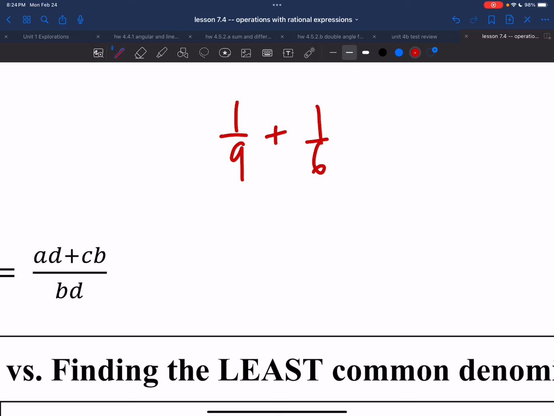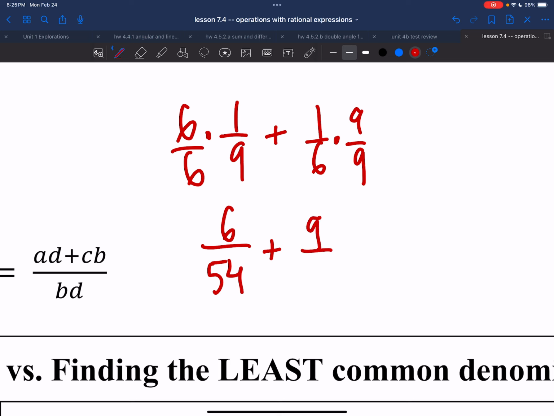If I wanted to repeat the process I just did with the half and the third, a way to get a common denominator is to just multiply by the other one. Take 1/9, multiply it by 6 over 6, and 1/6, multiply it by 9 over 9. This would get you 6 over 54 plus 9 over 54, because 6 times 9 is 54. Adding those together, you'd get 15 over 54, right?